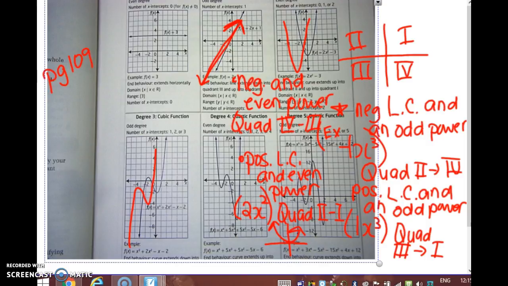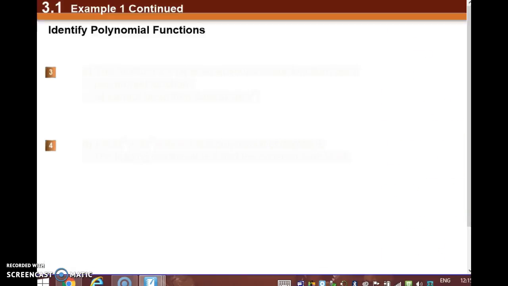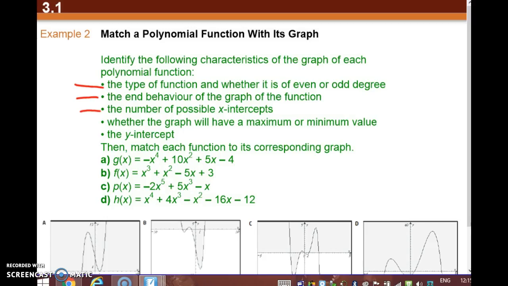If you have a degree of 2, then the possible x-intercepts is 2. If you have a degree of 3, the number of possible x-intercepts is up to 3. Okay, so that's what they're asking for here. Then we state whether it has a max or min. The ones that have a maximum are these, and these ones have a minimum. And then the y-intercept.